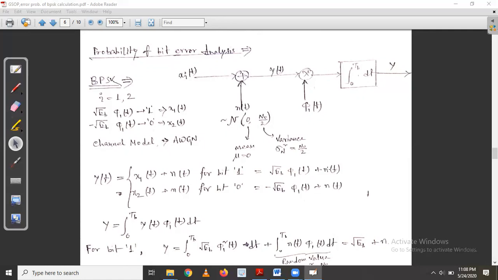We have also seen that if bit 1 is transmitted and 0 is detected, how much the probability of error is and how to calculate that. These are the things we have just now studied.